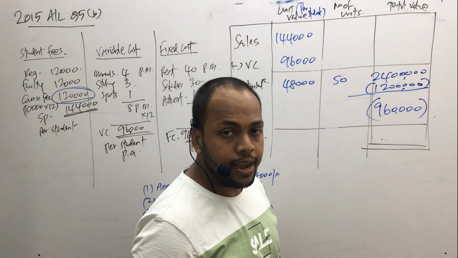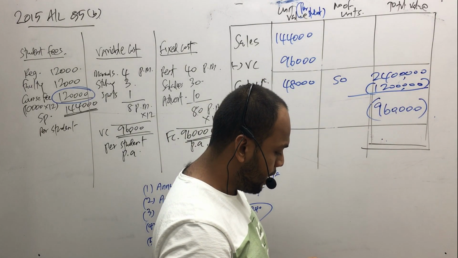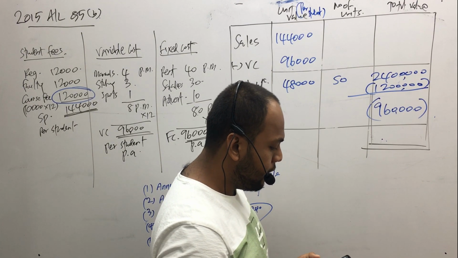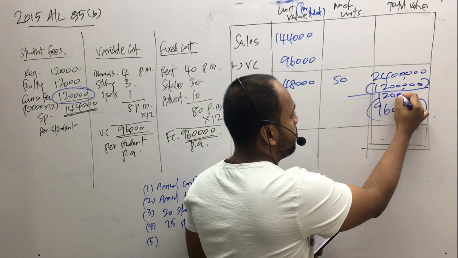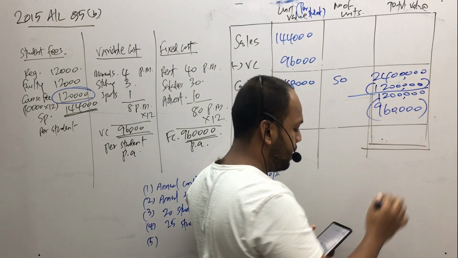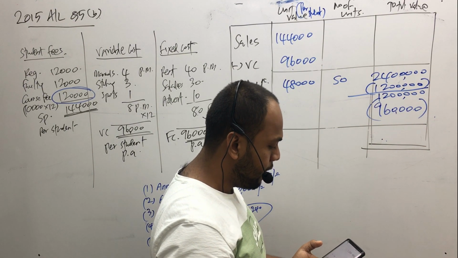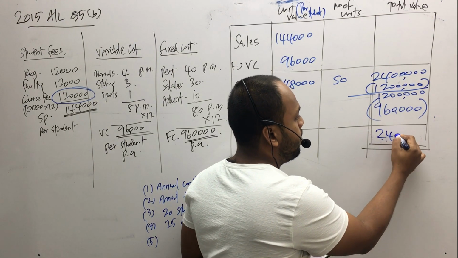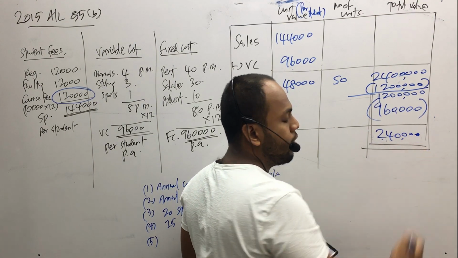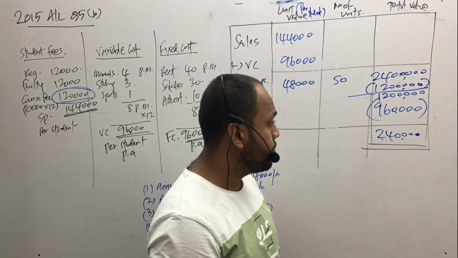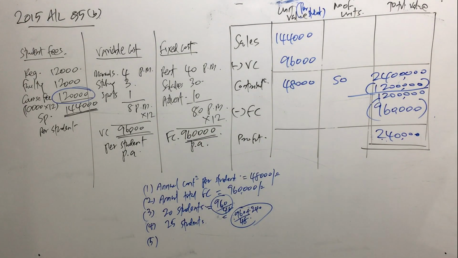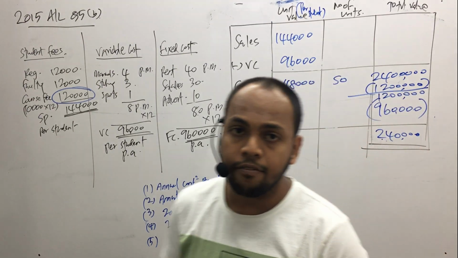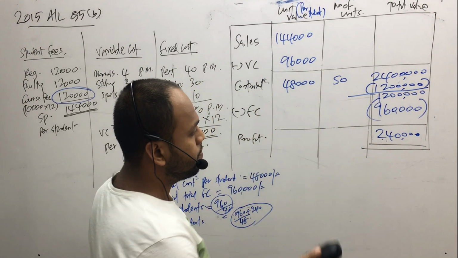So if you didn't get 1.2 million, that means you will get only 1.2 million. Then minus 960, the profit will be 240,000. So let me explain in another way by taking individual values.